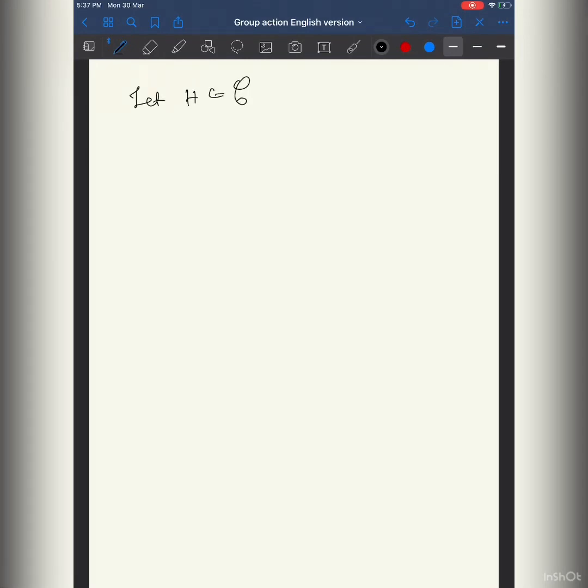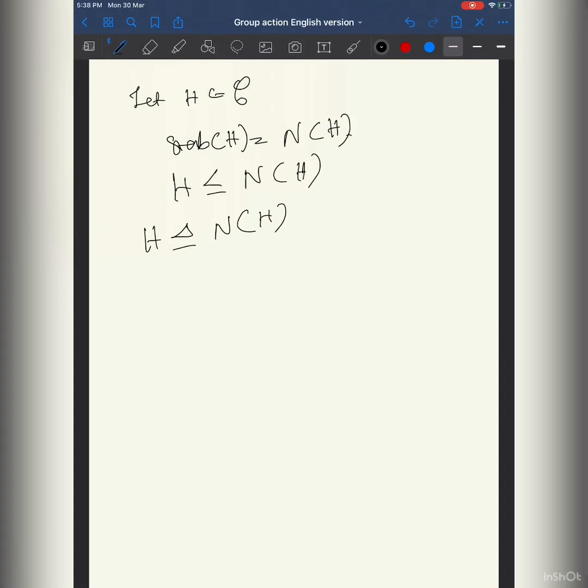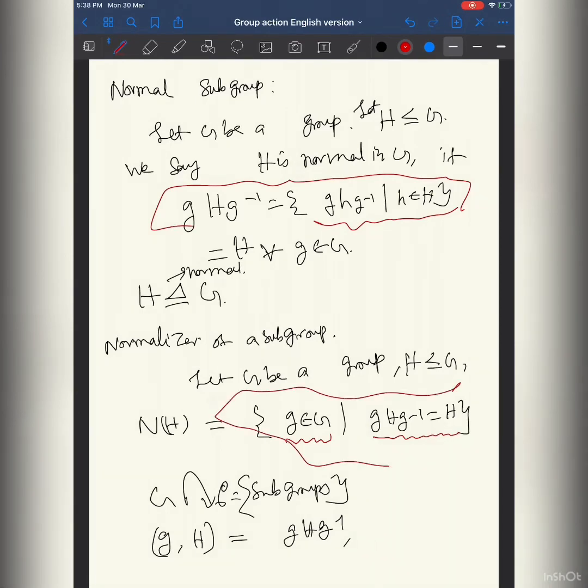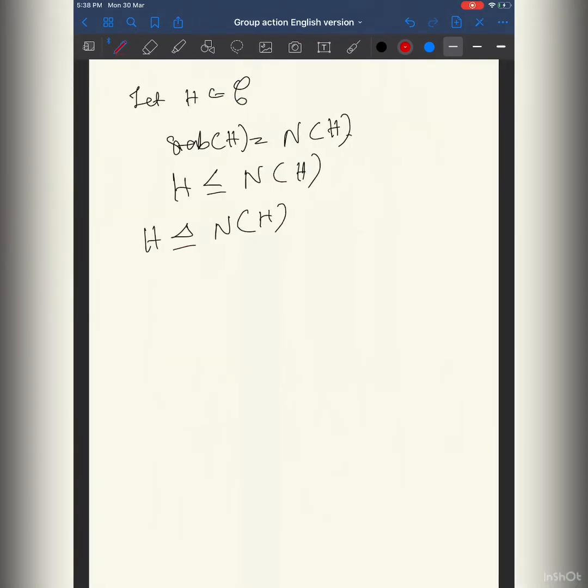The stabilizer of H is exactly the normalizer of H. Remember that H is inside the stabilizer of H, and also H is normal in the stabilizer of H. That's how we defined it; this is the stabilizing condition.